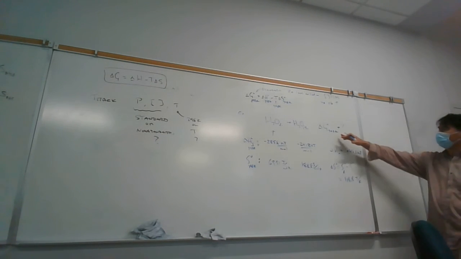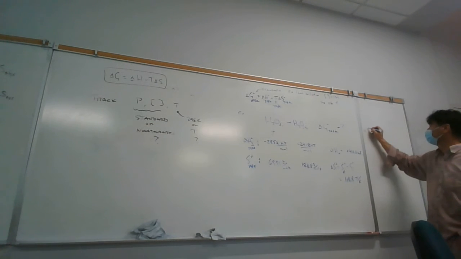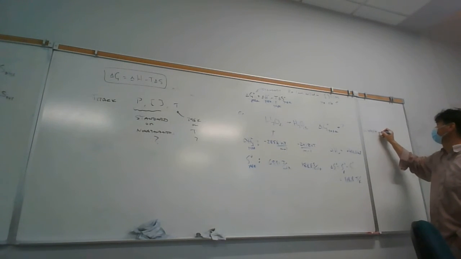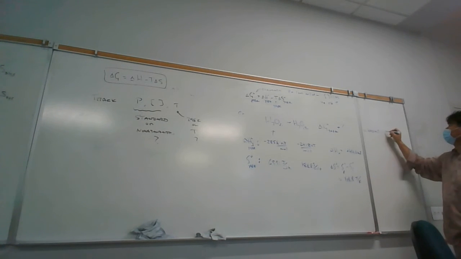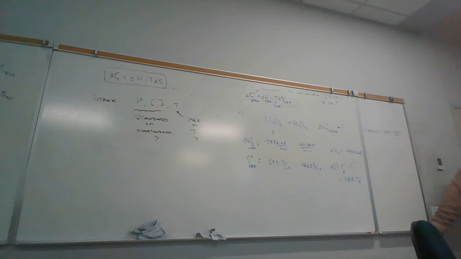Okay, then we plug it into our delta G naught equation. Our delta G naught equation is delta H, which is going to be 44.0 kilojoules, minus T, which will be 298 Kelvin, times delta S, which is 118.8 joules per Kelvin. So what I'll do is convert this into kilojoules, at 1 kilojoule per 1,000 joules.